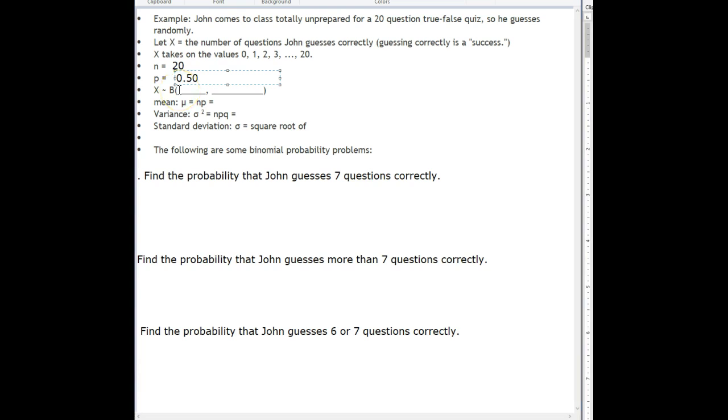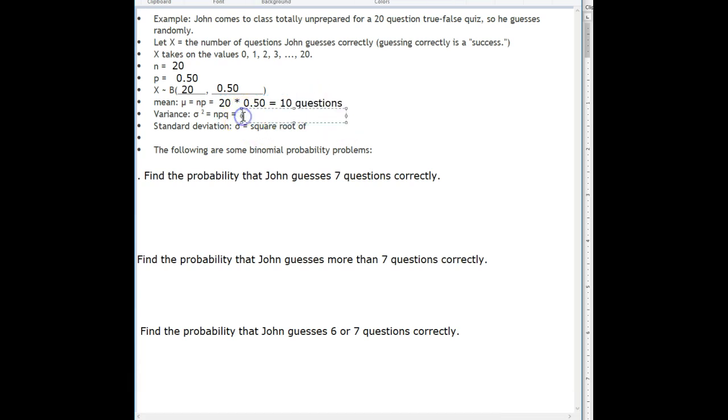Next is X is a random variable with a binomial distribution, and we put here our N value, and then we put here P value. Now, if they want us to calculate the mean or the mu, all we have to do is N times P. So 20 times 0.5, which in this case is 10, and that's an average of 10 questions.